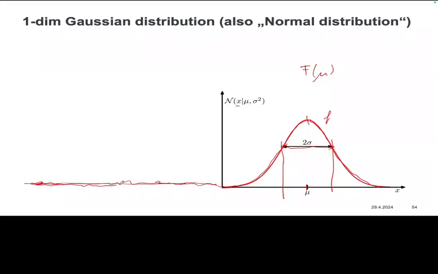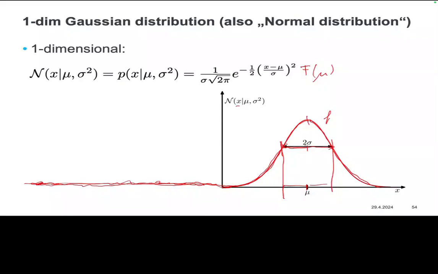So you pick up very, very little probability mass until you come reasonably close to your mu, where reasonably close means in terms of the standard deviation. And within this area of one standard deviation around mu, which is then a window of 2, you have most of the probability mass.